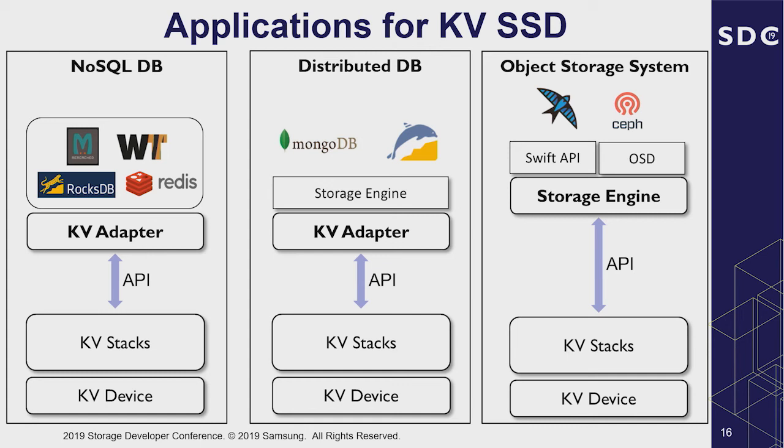So when you get all the way over at just a NoSQL database, there's very little necessary from the API point of view. When you get over to a full object storage system, there's a lot more host interfacing that needs to be done to talk to the API, to talk to the key value storage.